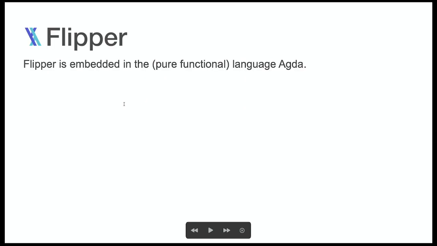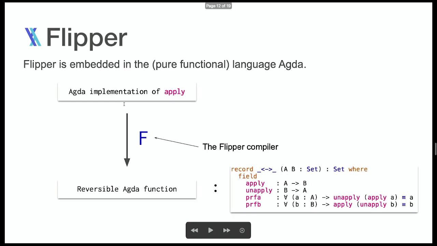So I've written a tiny language, which is a pure functional language embedded in Agda, which I've called Flipper. This is a high-level overview. I'll start in the bottom right. This is the type of reversible functions, and it's a record type.